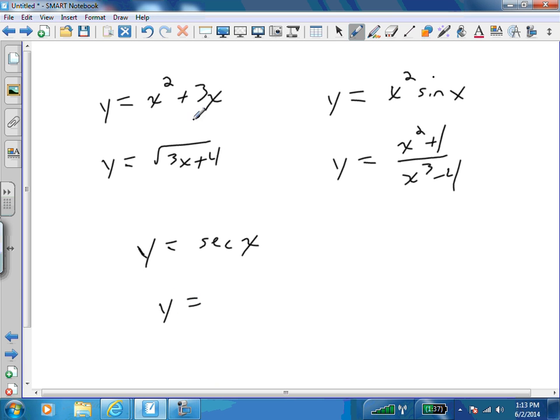Also composite functions, where we had to use the chain rule.